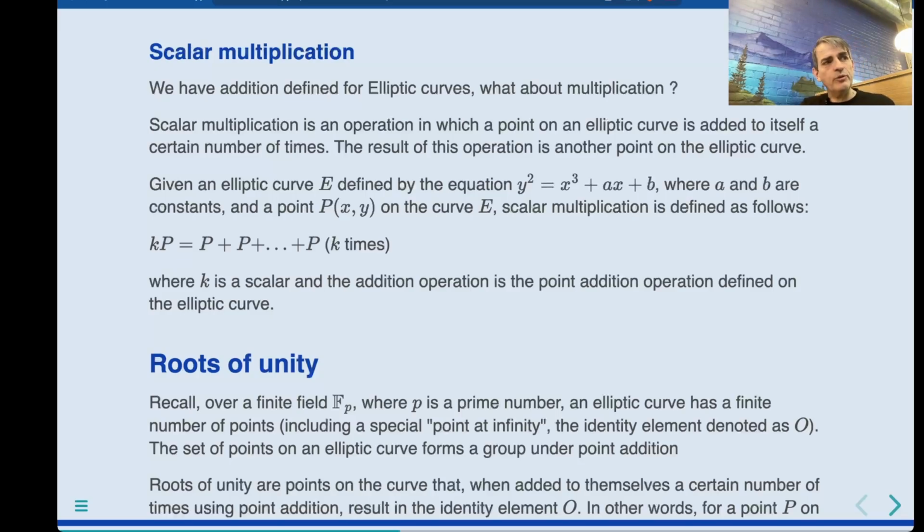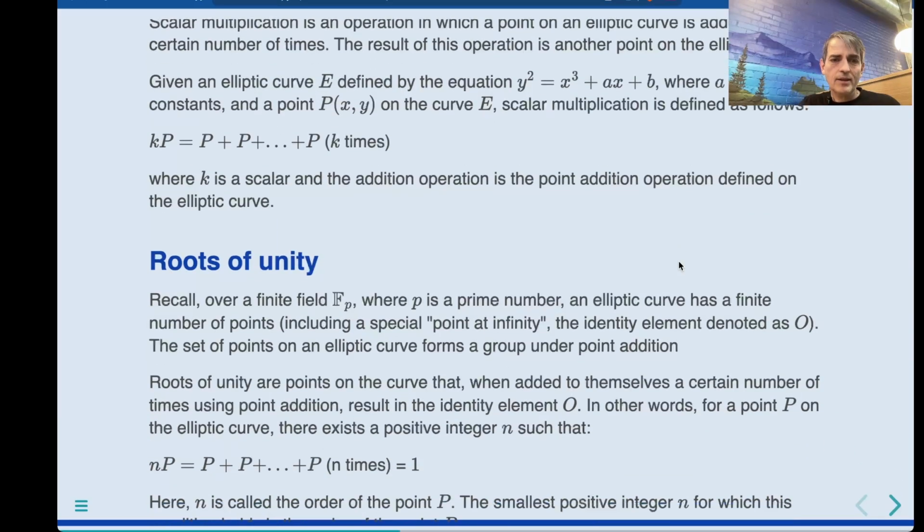So if we want to multiply a point P by a scalar value, which I'm going to call k, then all we have to do is add P to itself k times, and that is the same as if we were trying to do multiplication. So that's what scalar multiplication is all about.